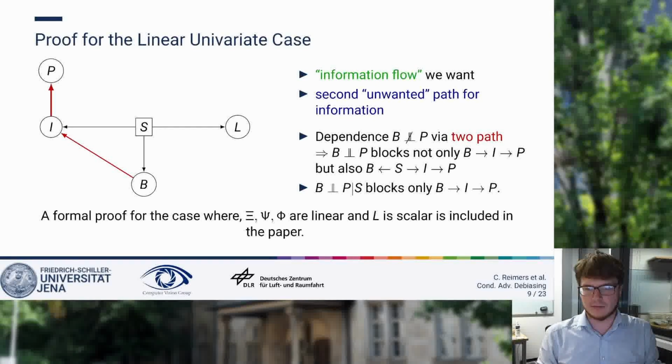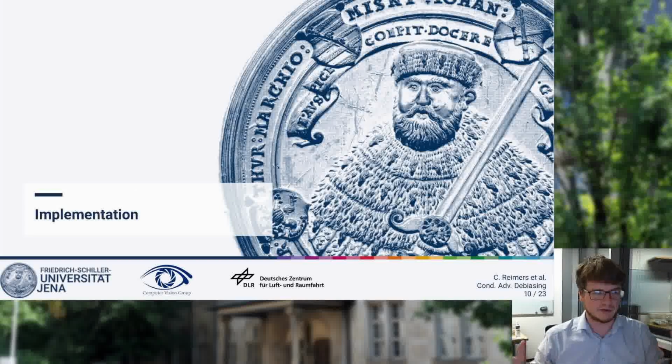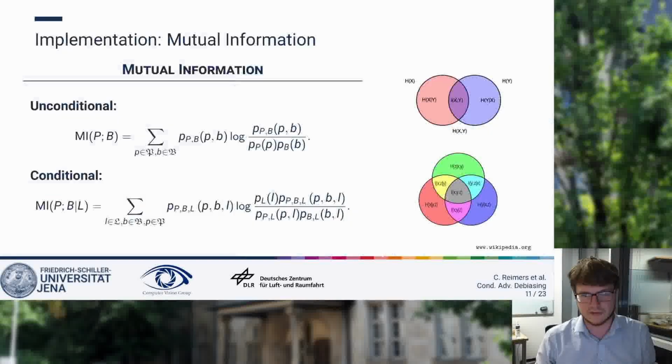Before we can continue with empirical evaluations, we have to turn this conditional dependence criterion into a differentiable loss. Here we present three possible implementations of how to do this. The first is mutual information, or conditional mutual information, where we have to approximate the probability density functions and then calculate the mutual informations.